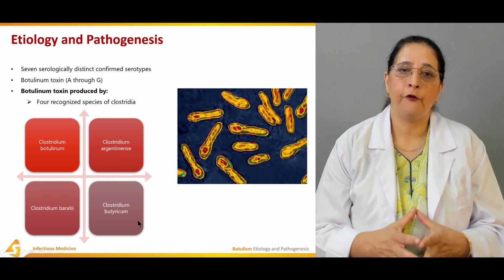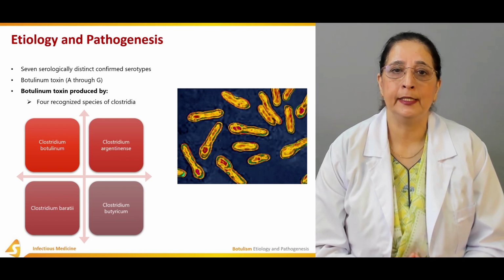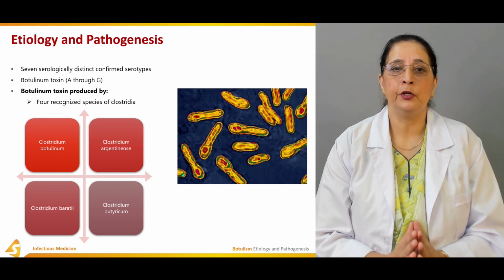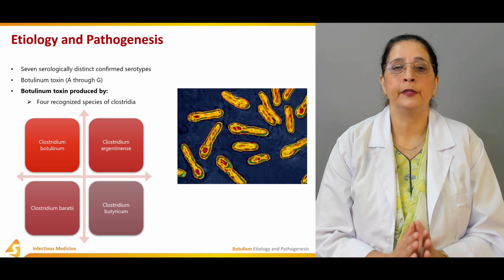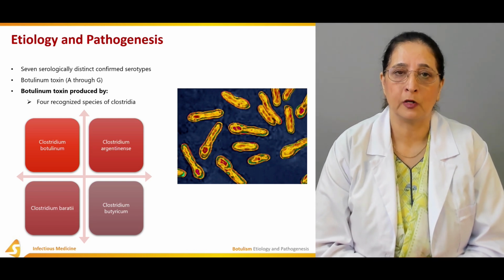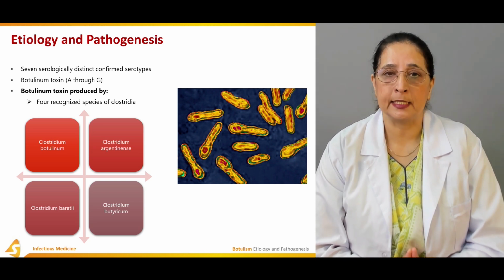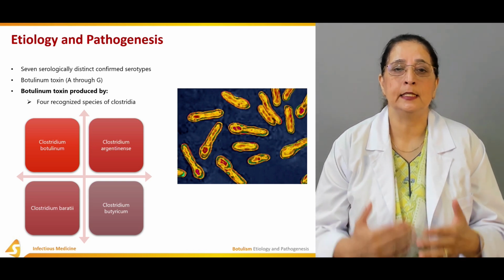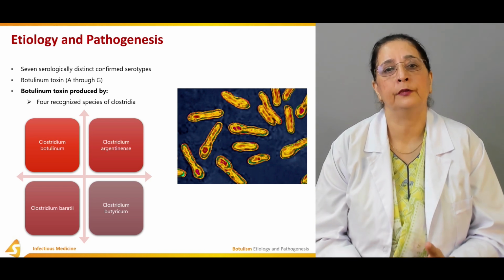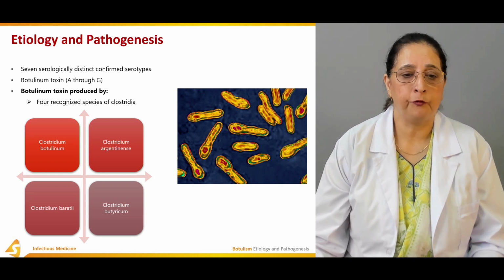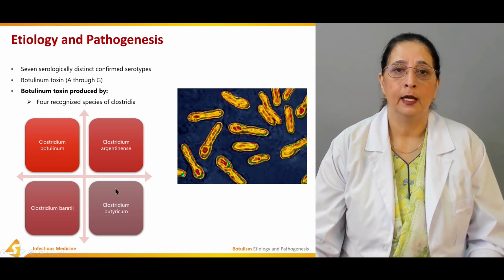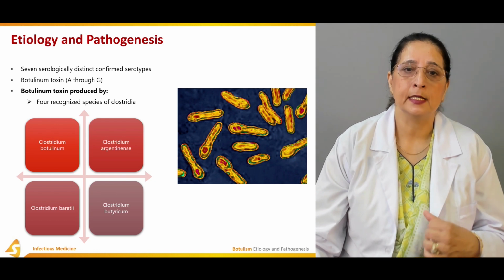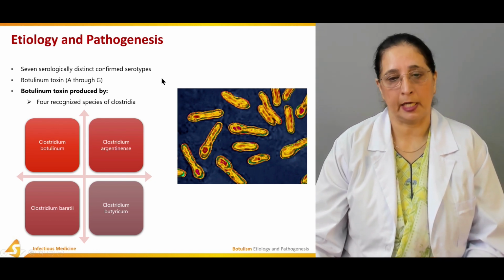So these are four types of Clostridia that can produce botulinum toxin, a neuroparalytic toxin, one of the most severe toxins known. It's a serious disease caused by toxin production from these four main Clostridia, and the toxin is subdivided into seven serotypes.